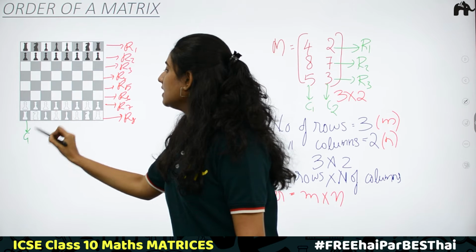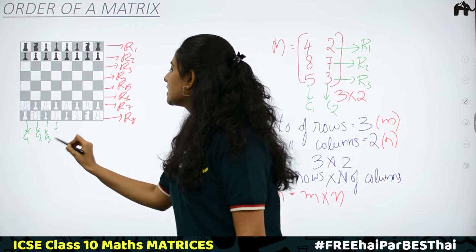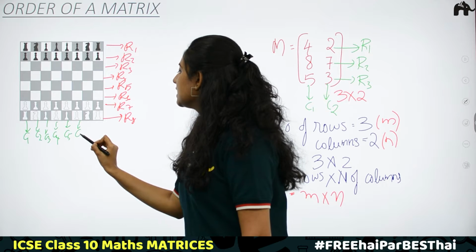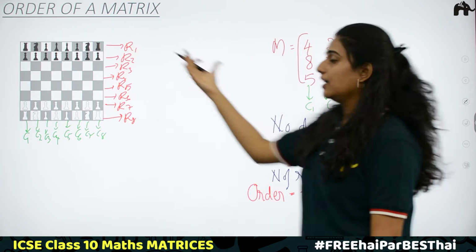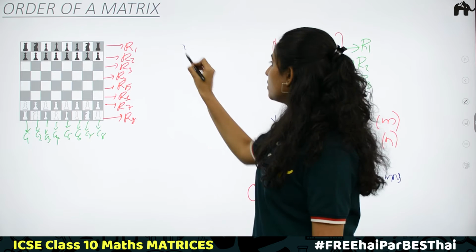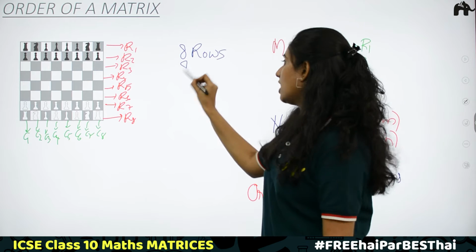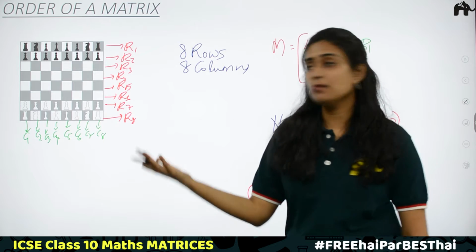This is C1, C2, C3, C4, C5, C6, C7, C8. Here we have 8 rows and 8 columns. Number of rows and number of columns are same in this case.